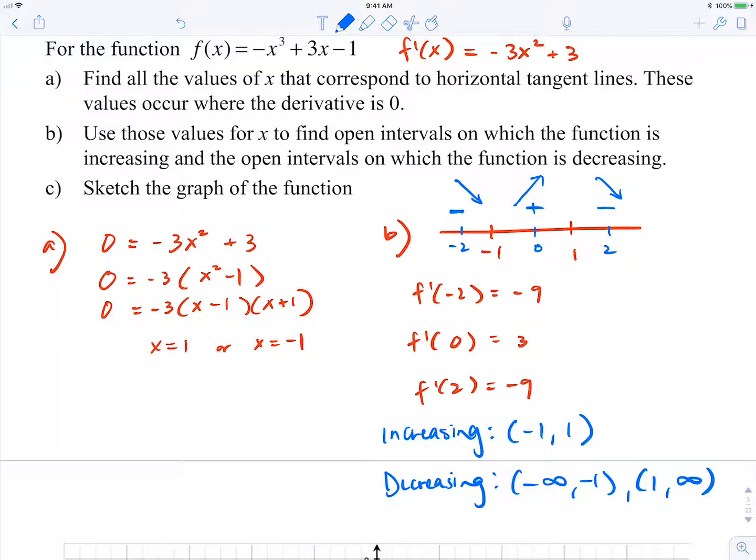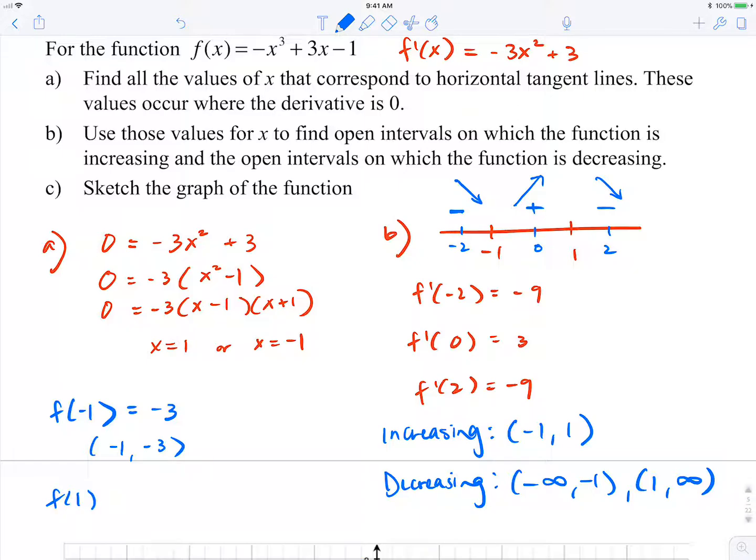So to find f of -1, I'm substituting -1 in for x, so we'll have 1 minus 3, we have 2, so -3 I believe we get, so that's the point -1 comma -3.